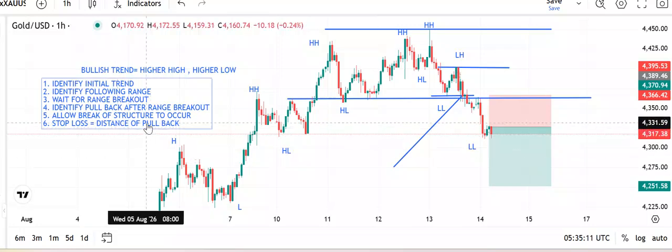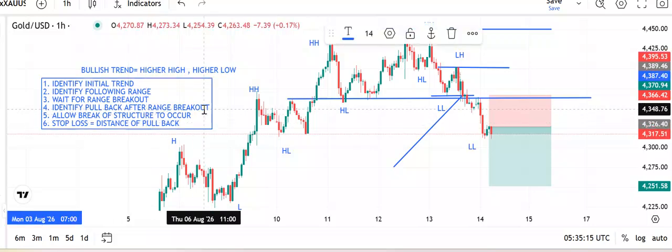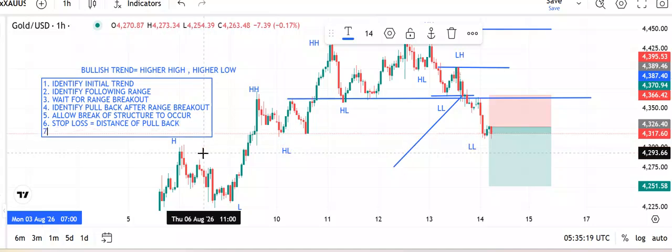Now the next point is enter after a break of structure or enter after second pullback. So to enter the trade, you can enter the trade after break of structure or after second pullback.